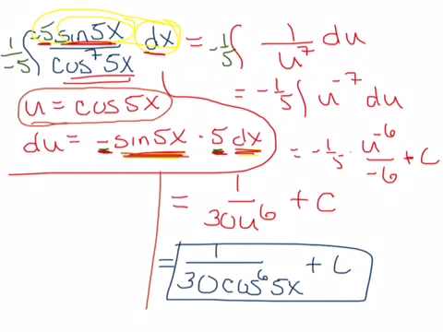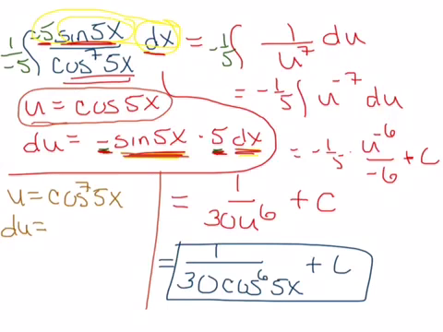So if you chose, for example, I'm going to make a different colored pen here. This is going to be incorrect, so we'll choose an ugly brown for our incorrect guess. If we had picked u is equal to cosine to the 7th of 5x, we can see that this is an incorrect choice for u when we start to look for our du.